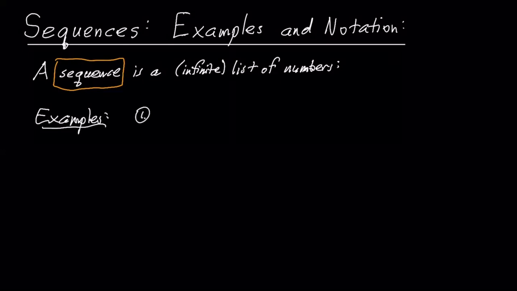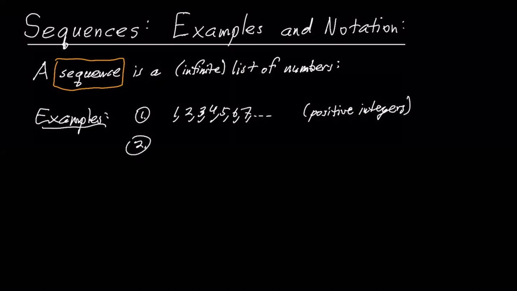We could just start listing 1, 2, 3, 4, 5, 6, 7, and keep going. So these are the positive integers, counting numbers, whole numbers, however you want to describe them. We could list the perfect squares if we wanted: 1, 4, 9, 16, 25, 36, 49, 64, and so on.